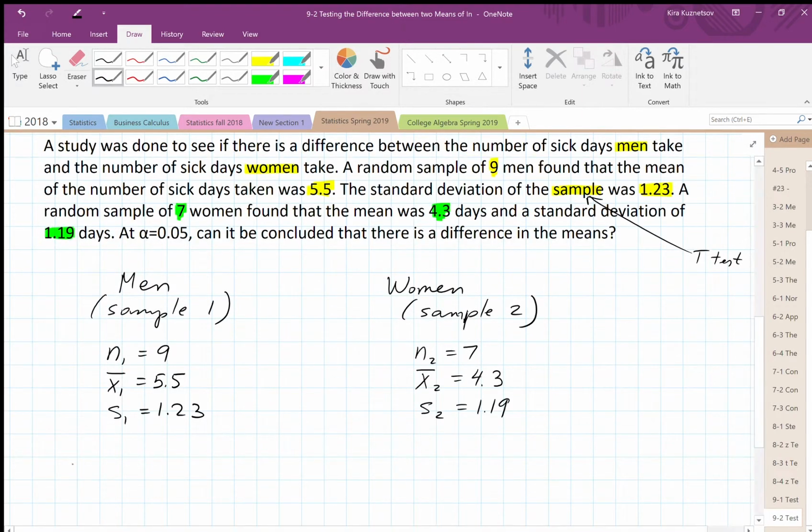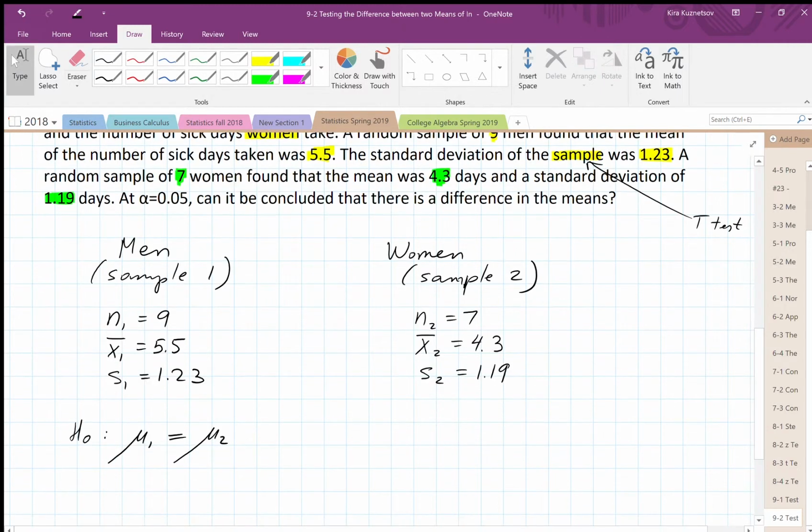So we can go ahead and start this. The null hypothesis is mu1 is equal to mu2. We are talking about inferencing about a mean, and in this case we're comparing two means. So the notation is mu1 is equal to mu2. The alternative hypothesis is mu1 is not equal to mu2.